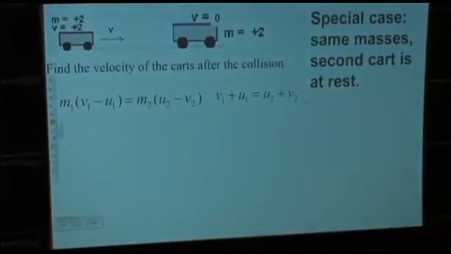A specific case: one cart was initially at rest and the carts had the same masses. What should happen? Well, first of all, we can cross out this term. It's 0, and that's 0. Now we can cancel masses. They actually don't matter at all because they're equal to each other.